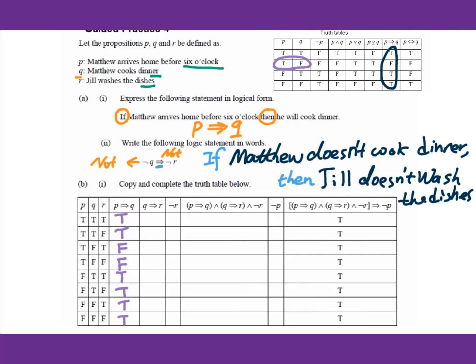If Q, then R. Still, all true except true, false. True, false, that's false. True, false, this is a false. The rest of them will be true.